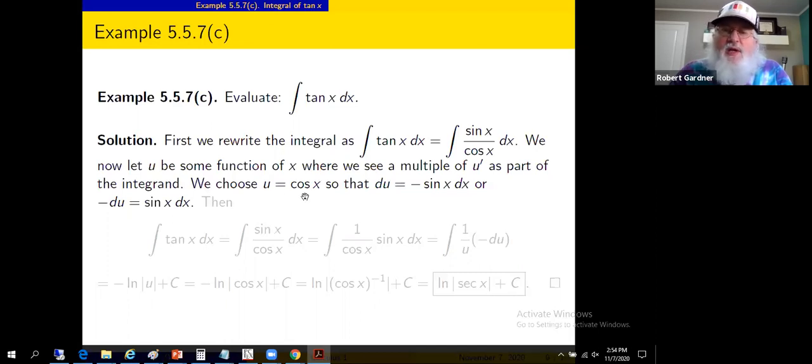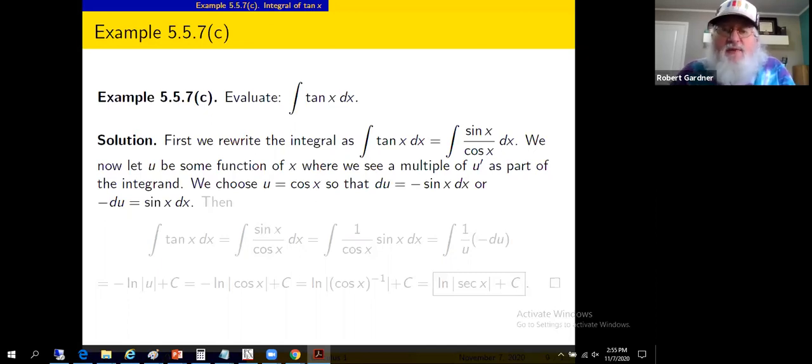If we let u equal cosine x, then du, derivative of cosine, is negative sine of x dx. Is that going to work? I can get the negative out of the way as we do in the next line. You see a sine x dx there? Yeah, there's a sine x dx, and there's the u thing. So here's the du part, and there's the u part. Suppose we let u equal sine, because the derivative of sine is cosine.